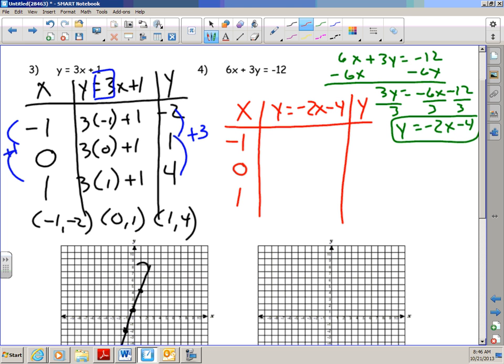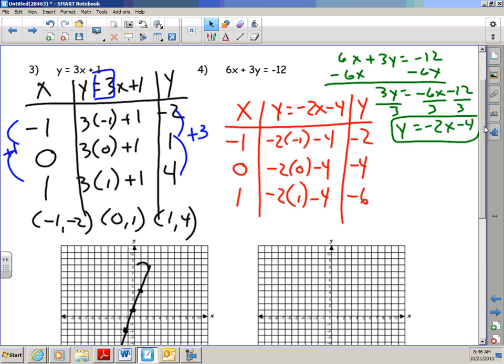However, you always want to be careful to choose x values that are going to give you integer values for y, meaning no decimals or fractions. I plug in 3 times again, and I get my corresponding y values to be able to plot.